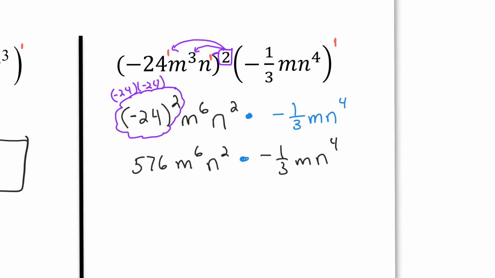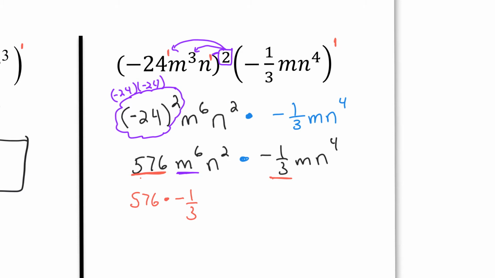So now you guys are going to go to the coefficients. The next step is to actually multiply all of this expression by this expression. So you start with the coefficients. 576, so I'm going to put here 576 times, and I'm going to multiply by a negative 1/3. So that's the coefficients. Then you guys go to the next variable, or the next base.